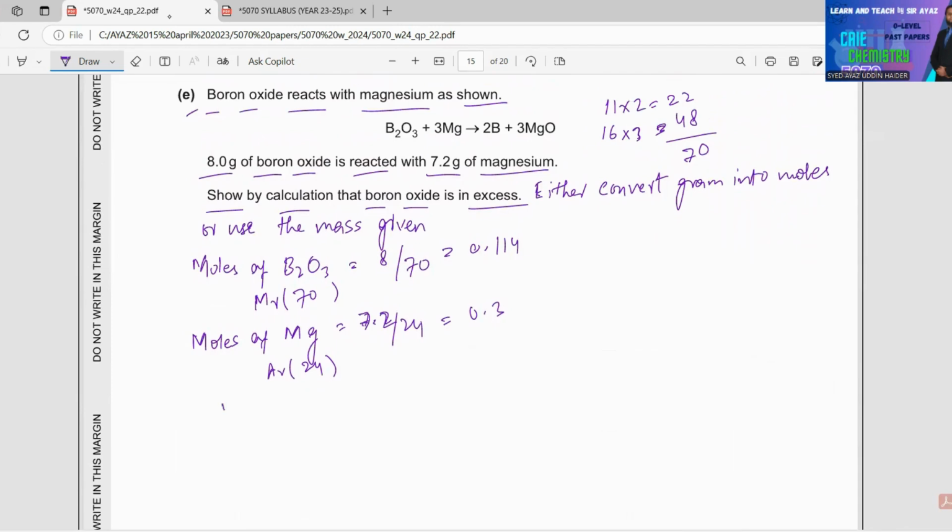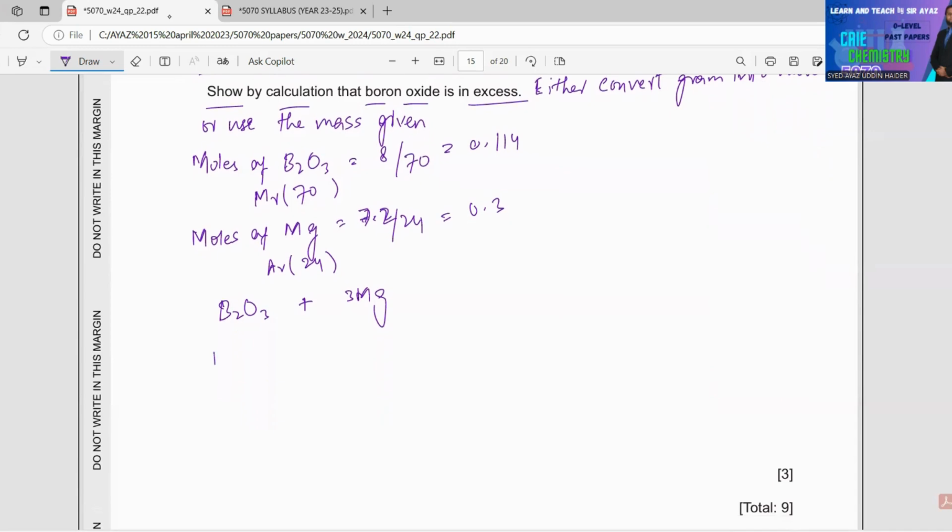Right, in the reaction B2O3 plus 3 Mg, 1 mole reacts with 3 moles of Mg. Therefore 0.114 mole reacts with X mole of Mg.